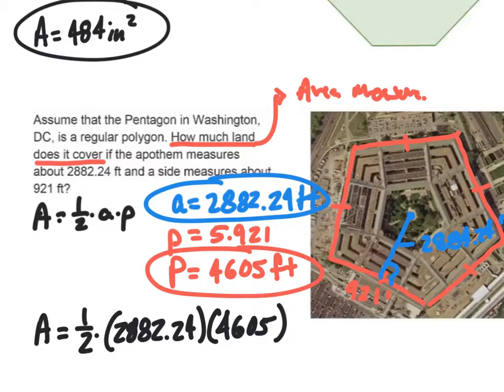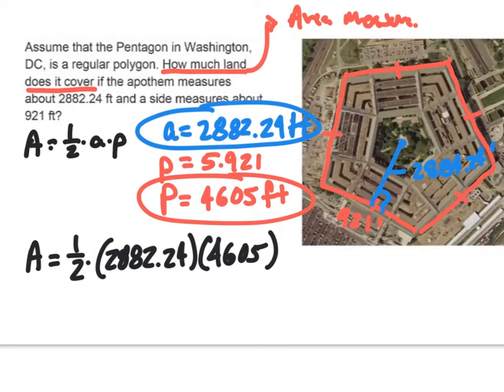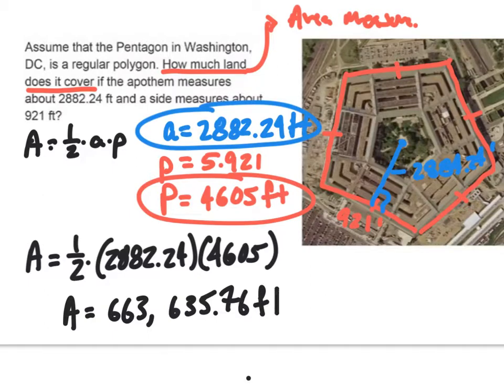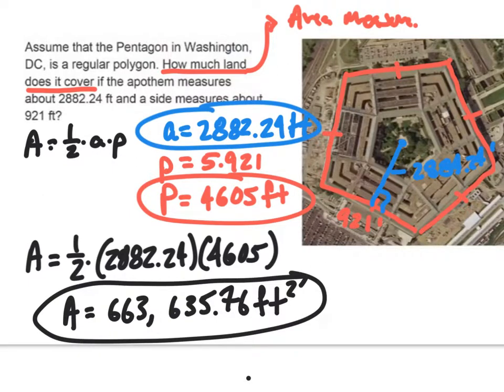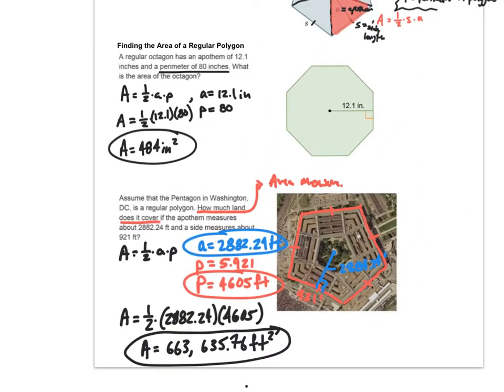So it's going to give me a total area of, that's a pretty big building, all right, so here's what we got: 663,600 35.76 feet squared. And that's my value for the area of that pentagon, in feet.